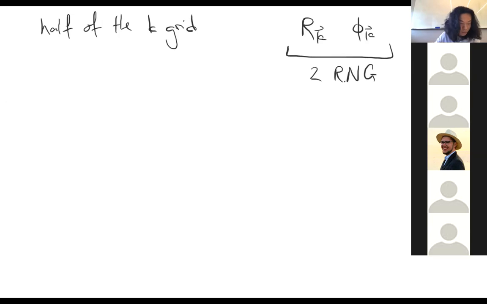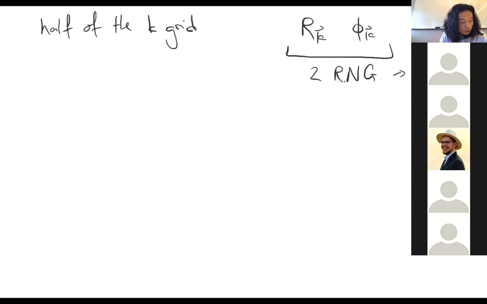They're pseudo-random, which actually is good for us, and I'll explain why later. But anyway, you generate two random numbers from some seed and use these numbers to go over the K grid. At every grid point, you generate a new random amplitude and a new random phase to use for the displacement field at that point in K space.